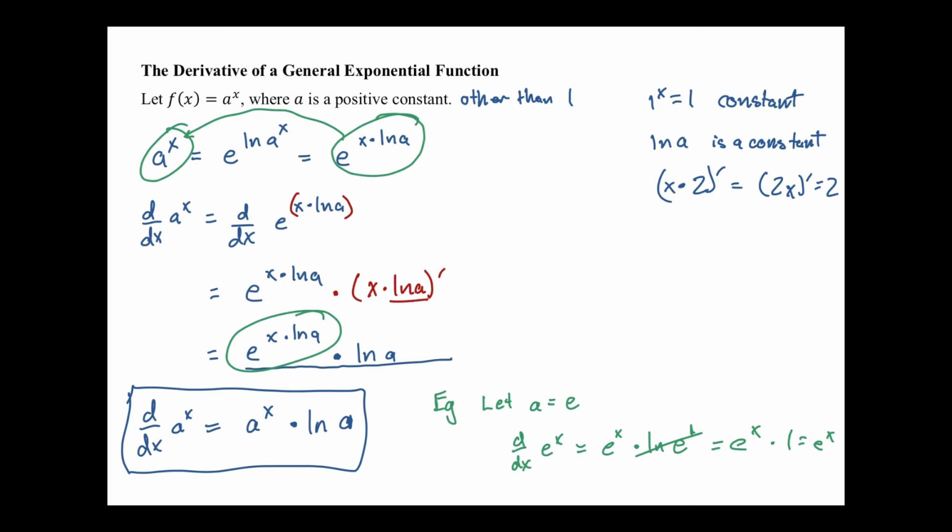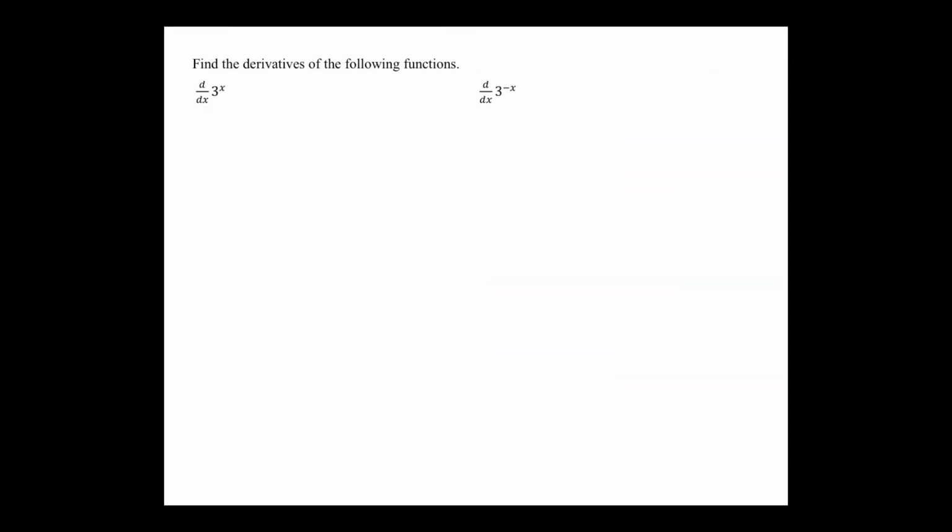But now that we know that the derivative of a to the x is just going to be a to the x times the ln of the base, let's go ahead and look at it in a few examples. All right, so we have 3 to the x right here. It's an example of an exponential function with base 3.